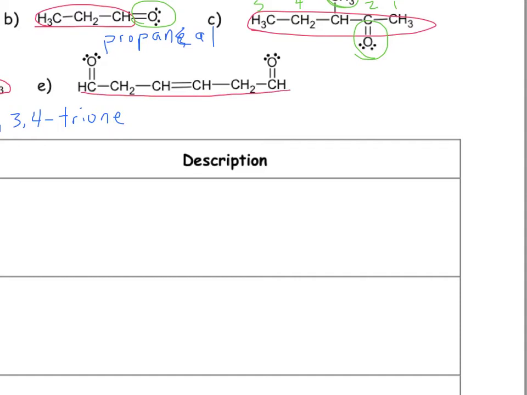The longest consecutive chain in molecule E is 6 carbons long, and I have to include this double bond. That gives me the root name hex-, and because there is a double bond there, I need an -ene. But I also need a position number. My double bond is between carbon 3 and 4, whether I start numbering on the left or the right.